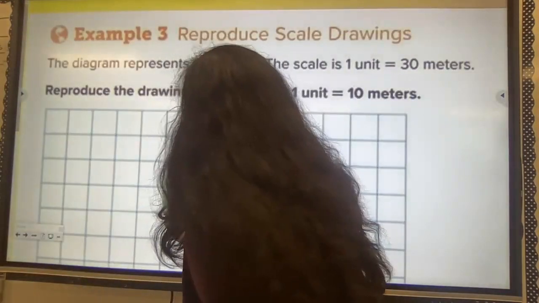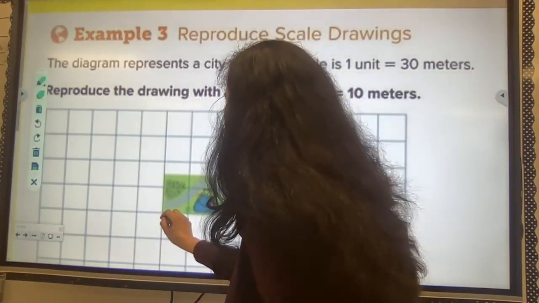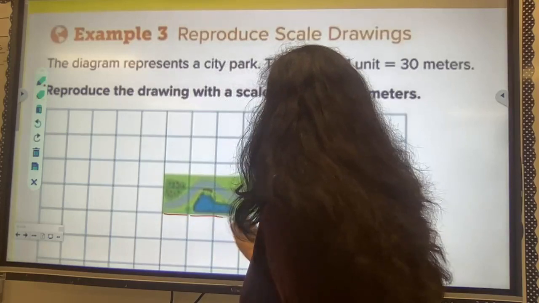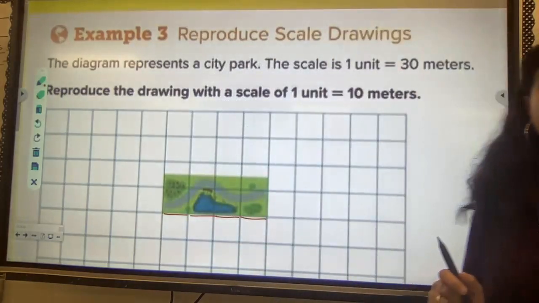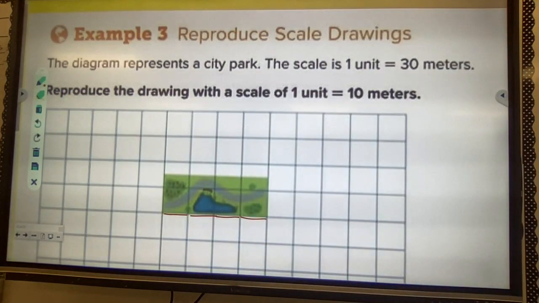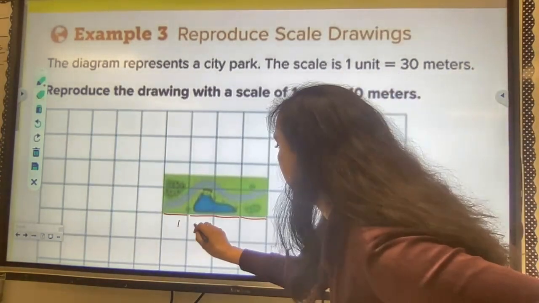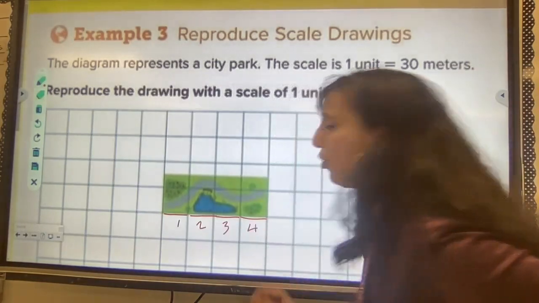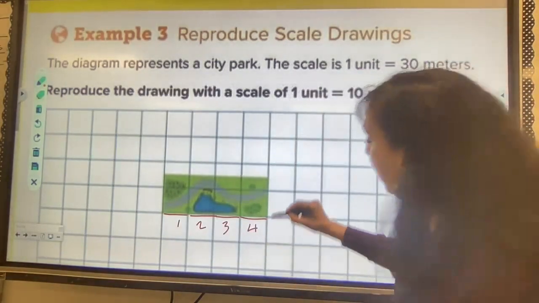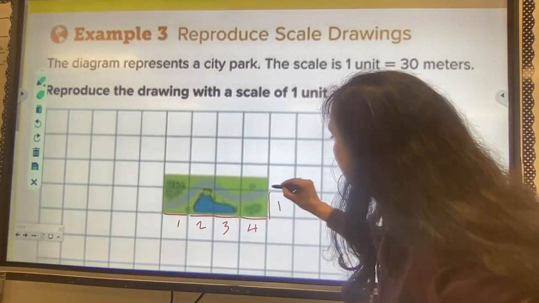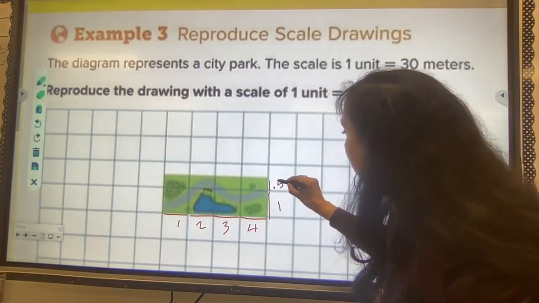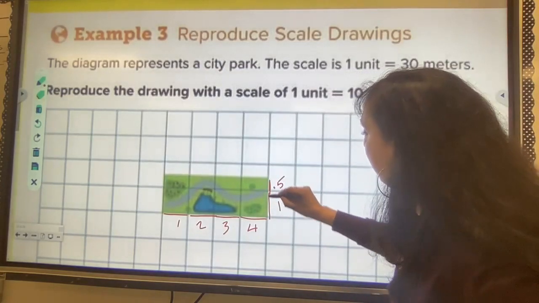Okay, so this is 1, 2, 3, 4. Right? So this is 4 units. And then if I look at the width, this is 1, and then we have half. So that's 0.5.